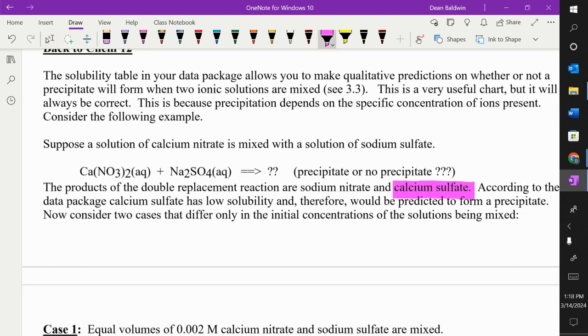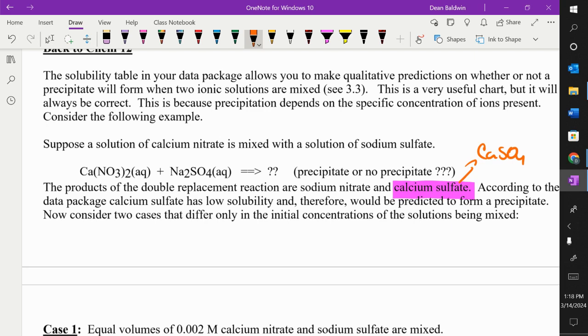It should be the calcium sulfate, right? CaSO4. That's the potential precipitate. Because do alkali metals ever precipitate? Do nitrates ever precipitate? So we can just forget those. You know it's going to be the calcium and the sulfate.